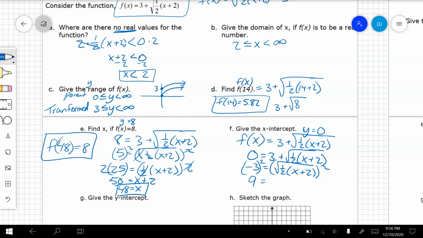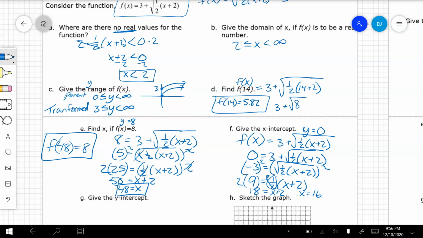So it's going to be positive 9 equals 1/2 x plus 2. Okay, and if we have a fraction on the outside, 1/2, we are multiplying both of these by 2, and that would just become 1. This becomes 18 equals x plus 2, and x would equal, subtract 2 over, that would just be 16.